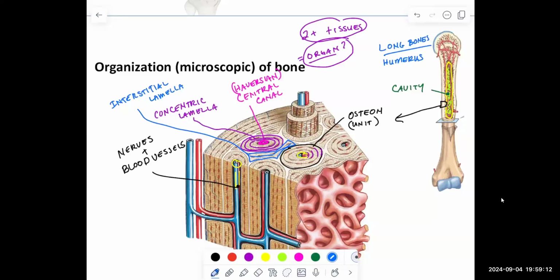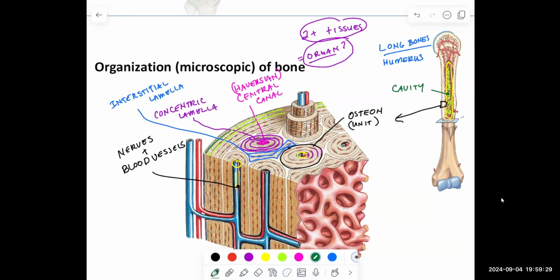And then we have our third type of lamella. The third type goes all the way around the outer part of the bone. Can you guys see that up there? No, let's try that again in green.